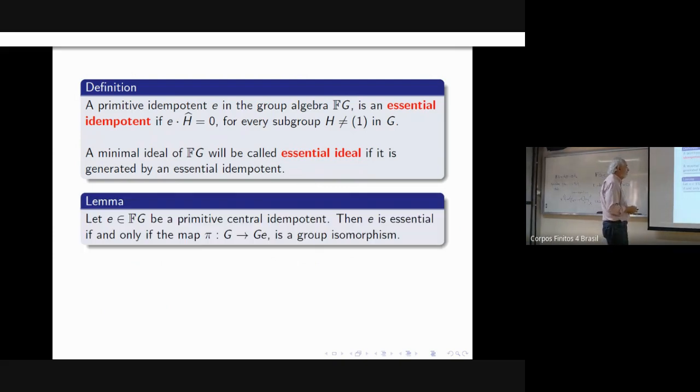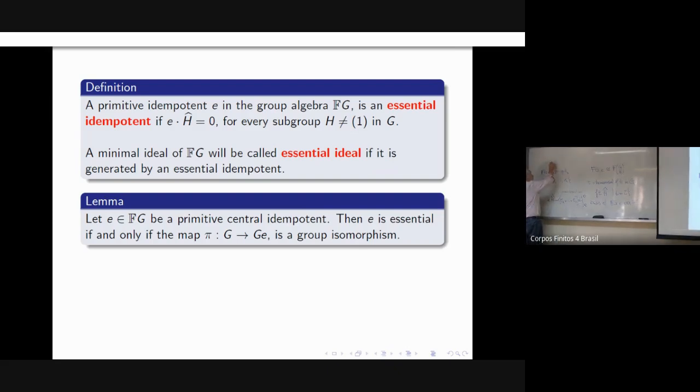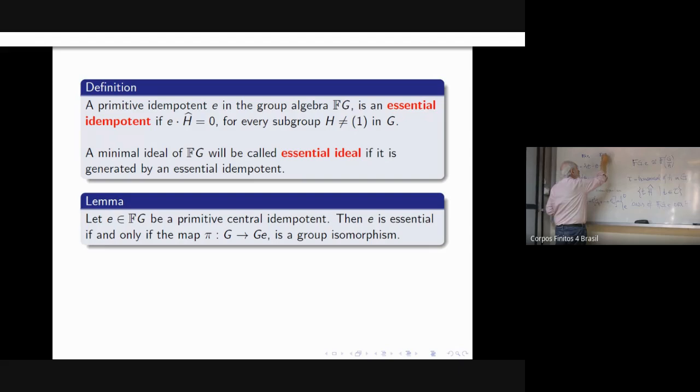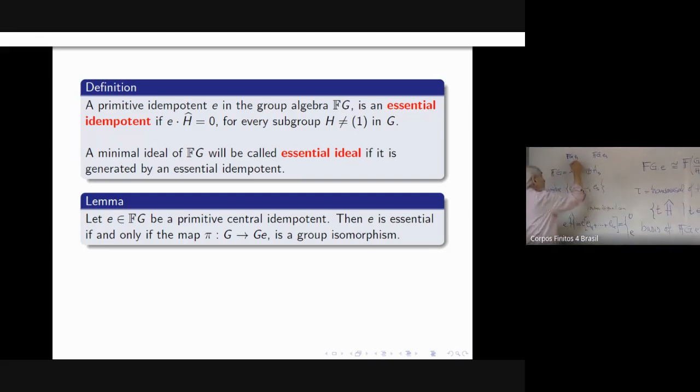And it's practically trivial to show that the map that goes from FG to FGE, notice each of these components can be written as FG, yes, this is the same thing as this.